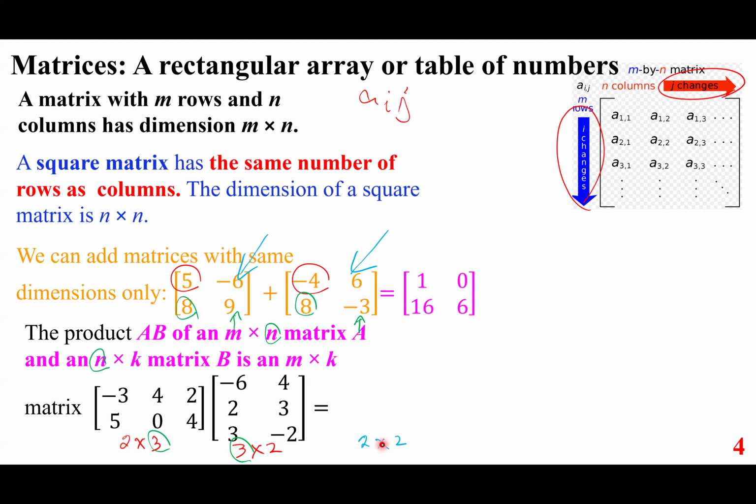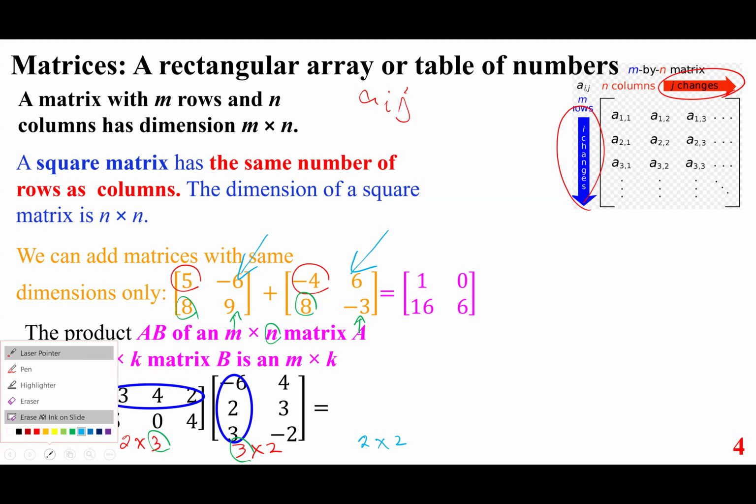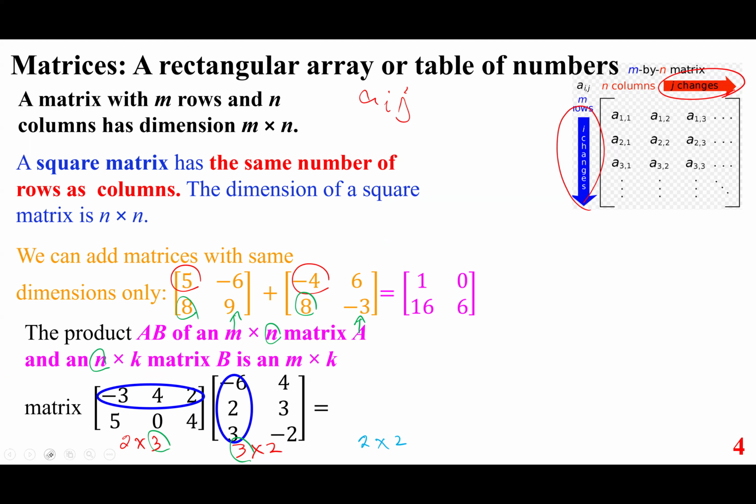So I wrote the result. Now, how do we multiply them? We multiply this one by this one. And we add them up. So I'm going to write it up here so everybody can see what I'm talking about here. So let me erase this part so I can use this.